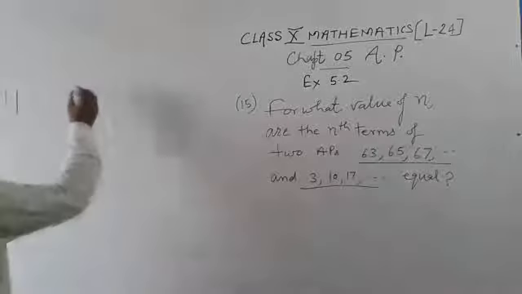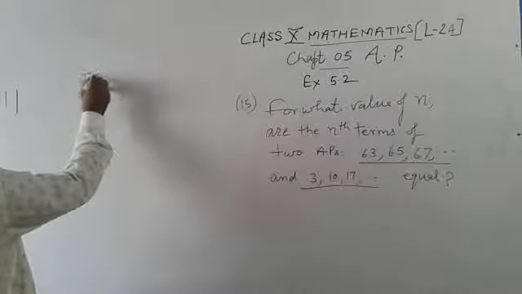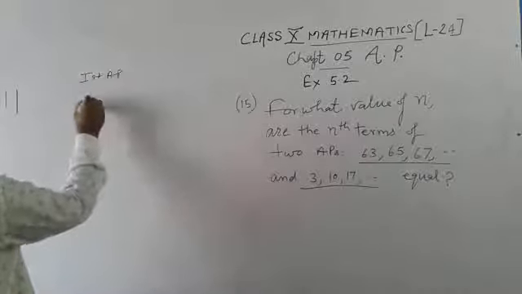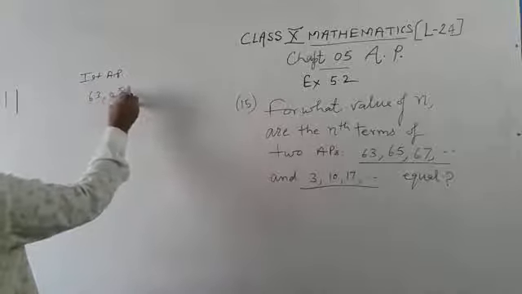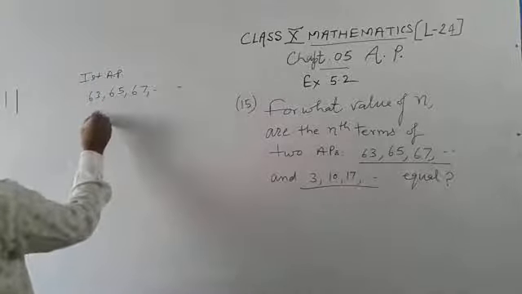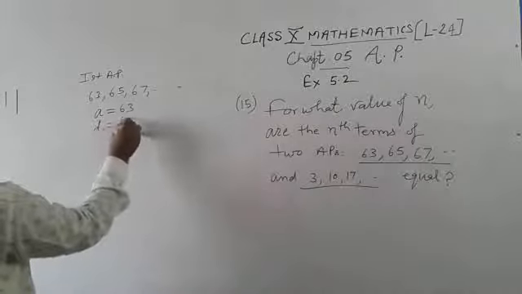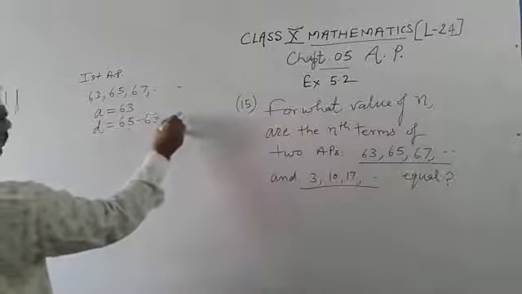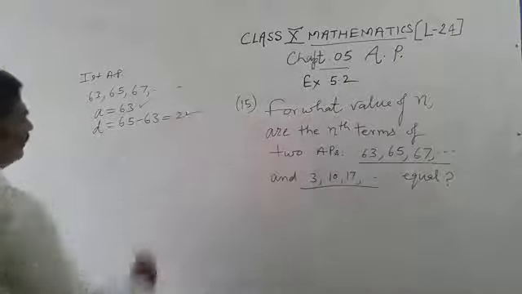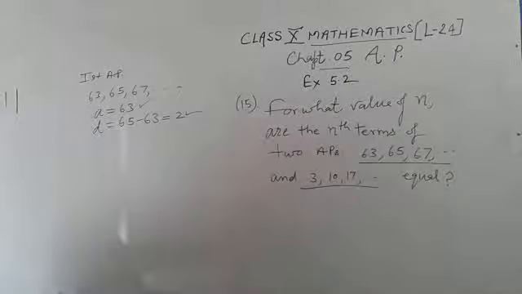Okay, so we have the first AP, 63, 65, 67, etc. So here A is equal to 63 and D is equal to 65 minus 63, that is 2. So first term and common difference, students, you know very well.